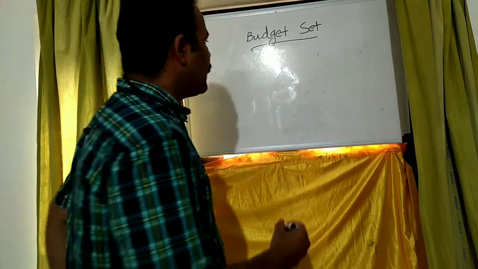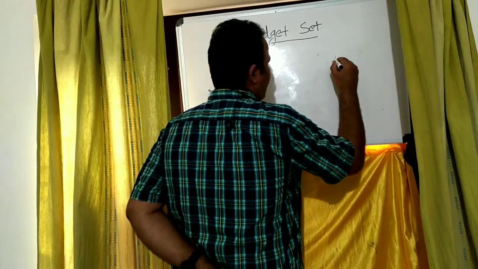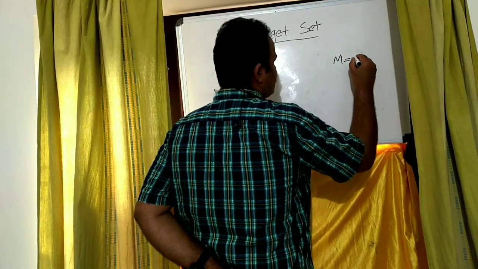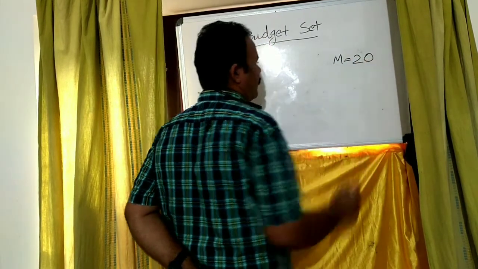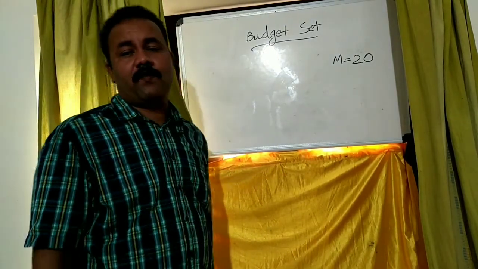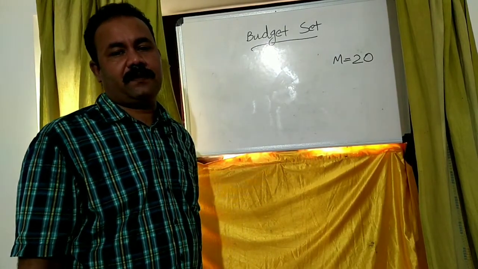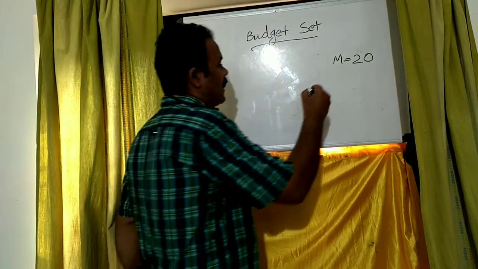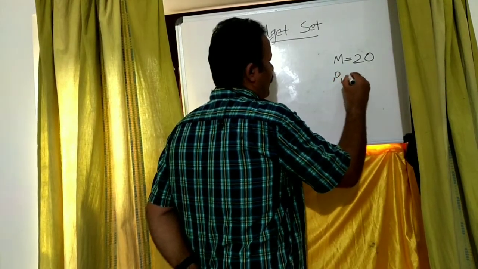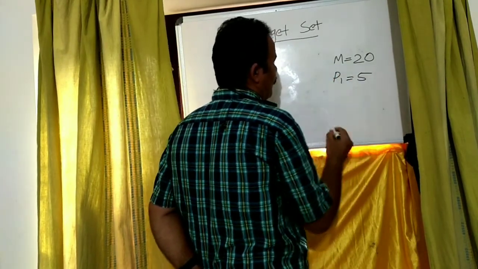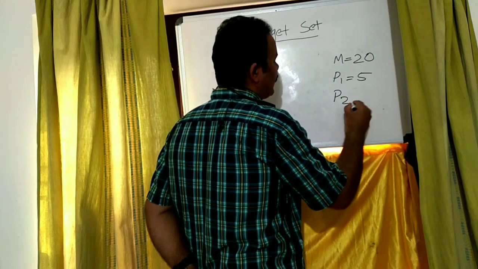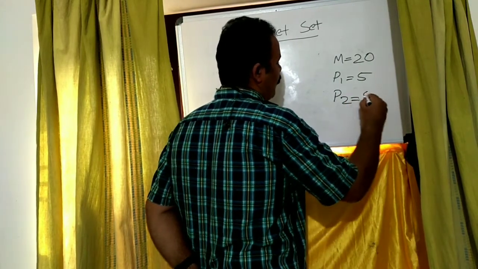Suppose the income of the consumer, that is M, is 20. Price of the first commodity, P1, is 5, and P2, price of the second commodity, is also 5.